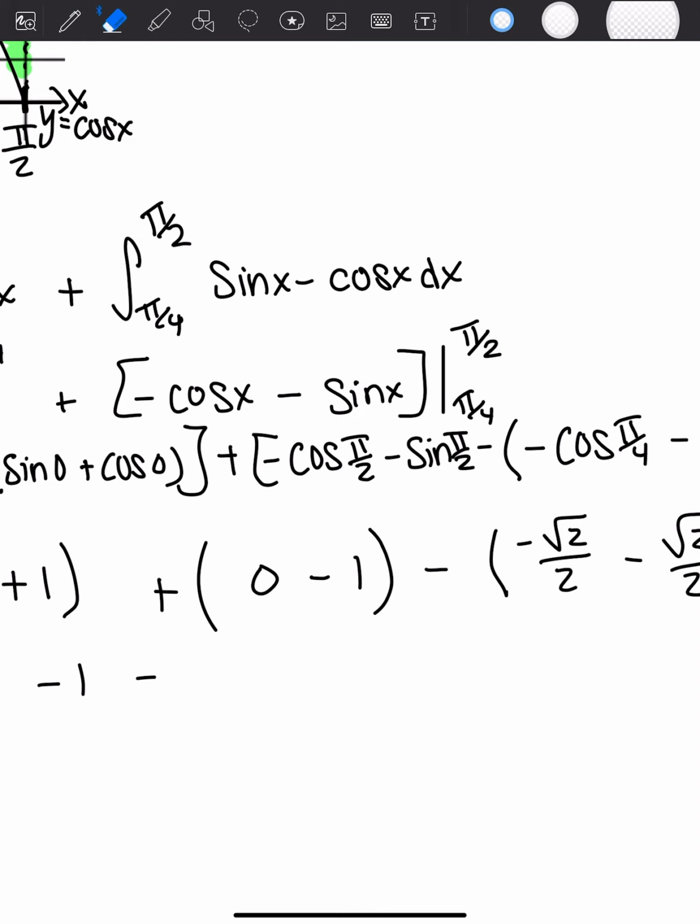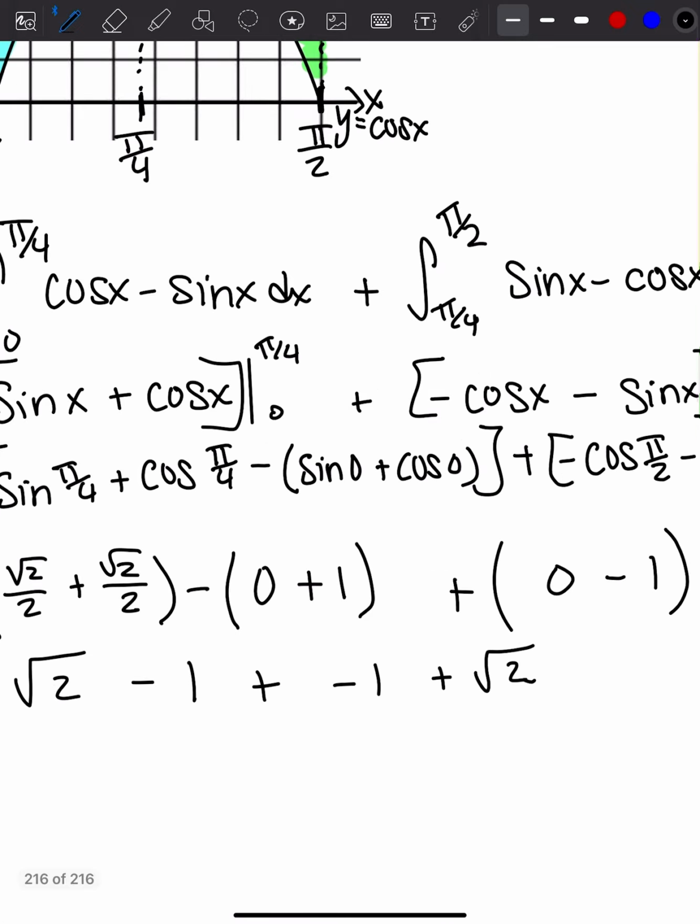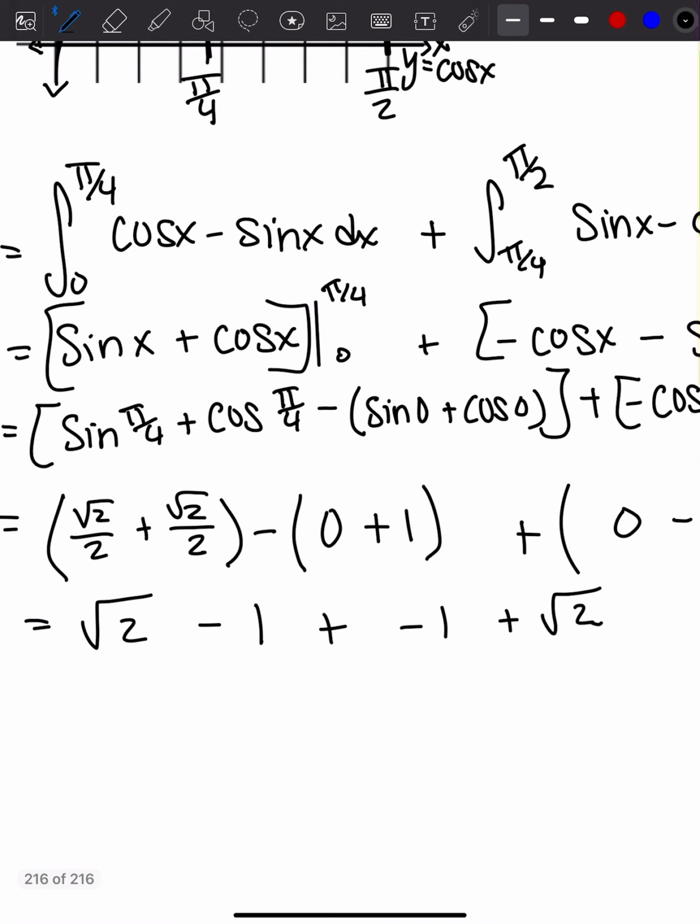So all of that simplified together is plus the square root of 2. So we have square root of 2 minus 1 plus negative 1, or minus 1 again, and plus square root of 2. So we have 2 square root of 2's, and we have minus 2. So our area here is 2 times the square root of 2 minus 2.